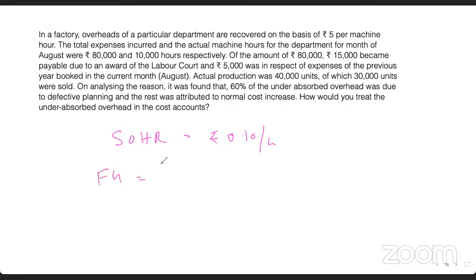Then FG: 10,000 quantity into 10 paise, 1,000. Then the closing stock profit. Closing WIP, there is no WIP here, and units sold.